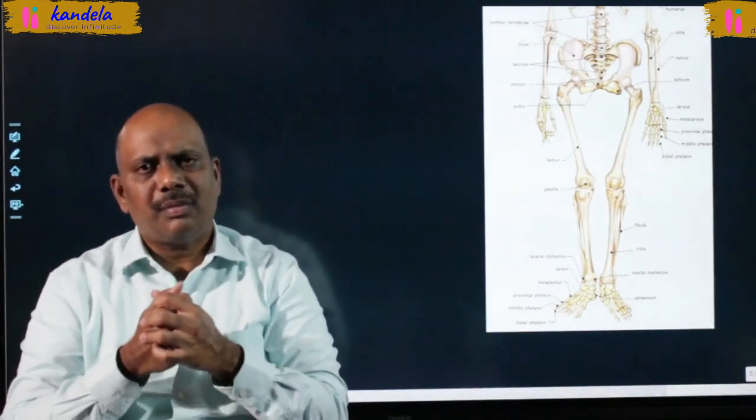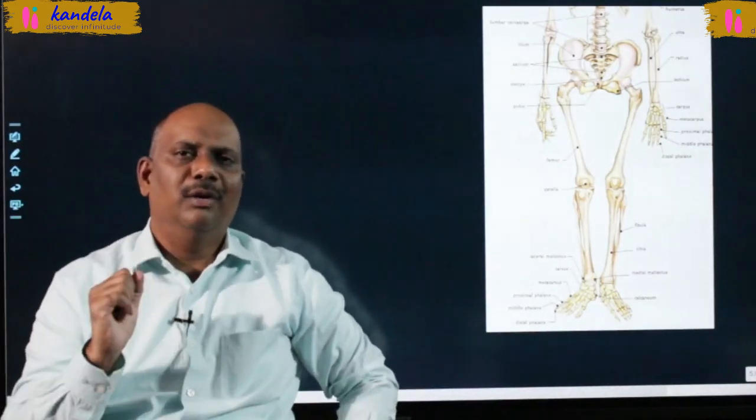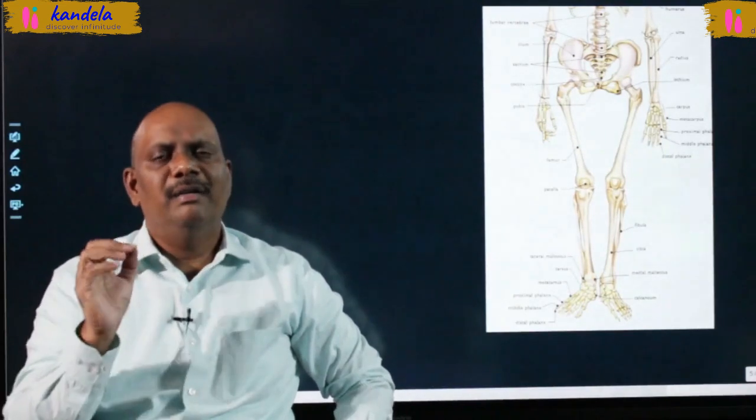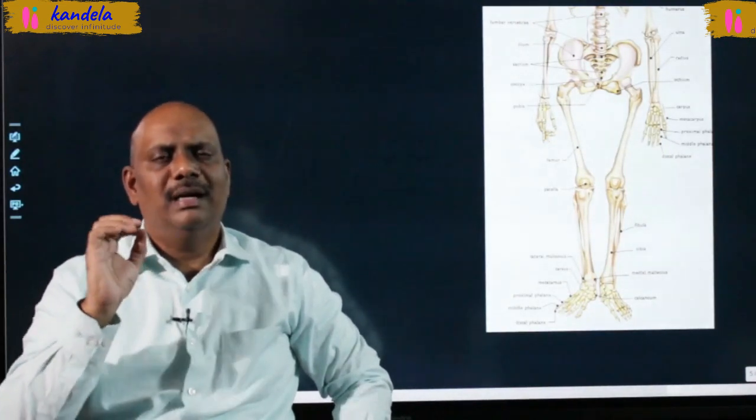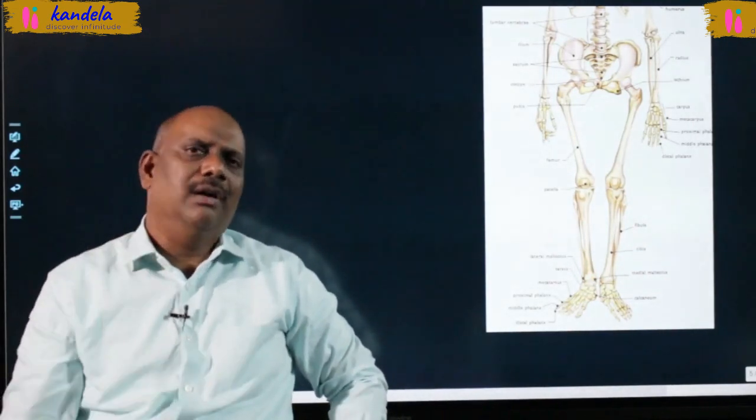Now, forearms become free and the burden on the hind limbs got doubled. The entire body weight needs to be balanced by the hind limbs alone. At the same time, we need to have stability so that we can walk.